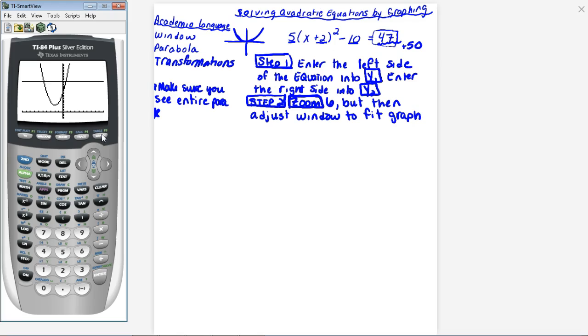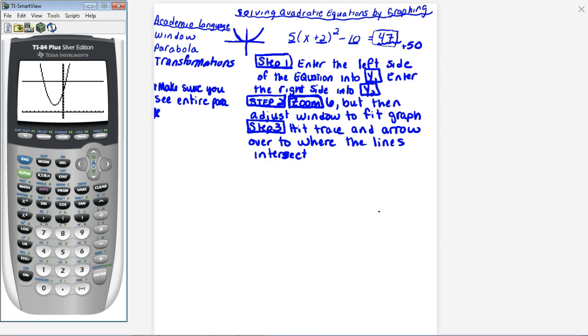So step 3 is going to be hit trace and arrow over to where the lines cross. Trace and arrow over to where the lines, and let's use our academic language, we'll put intersect.